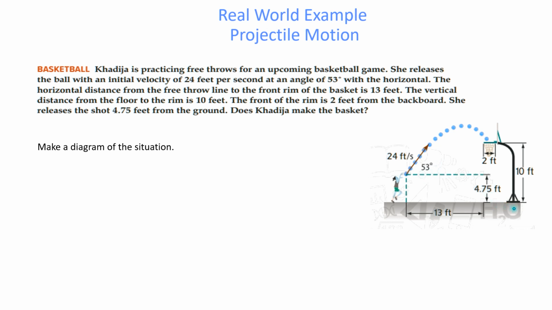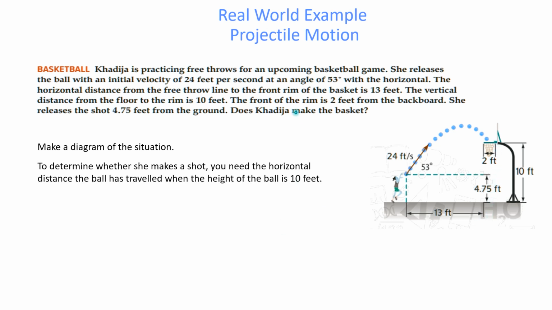The rim was 10 feet above the ground and the front of the rim was 2 feet from the backboard. Now, to determine whether she makes the shot, you need the horizontal distance the ball has travelled when the height of the ball is 10 feet.